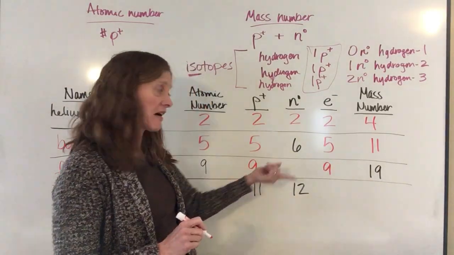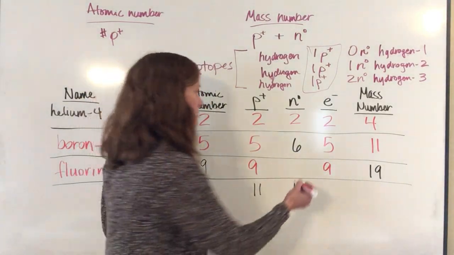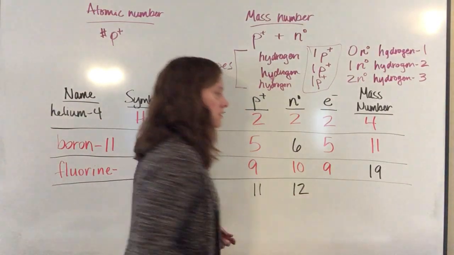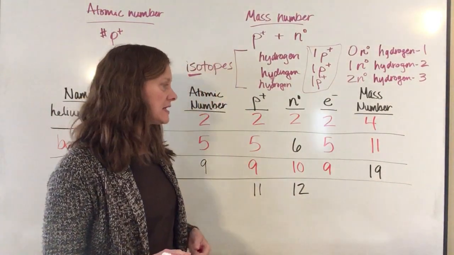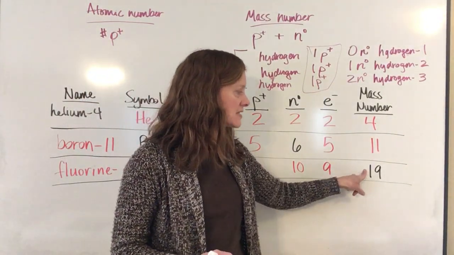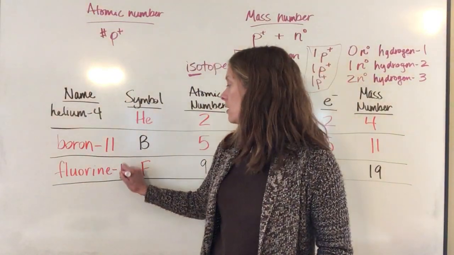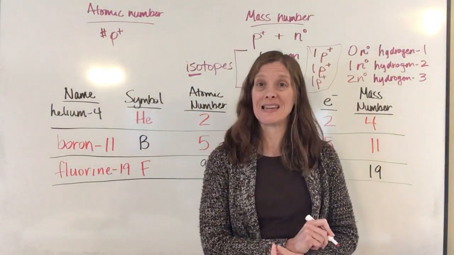So 19 minus 9, you can subtract them, do it backwards, and so I'm going to have a 10 right there, because 9 plus 10 makes 19. And I also know that the mass number is what comes over here on the end of the name, fluorine 19.